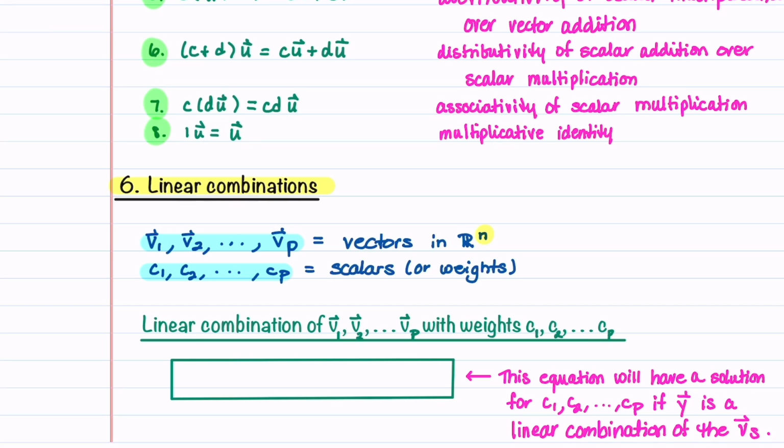The linear combination of v1 up through vp with weights c1 up through cp can be written as y is equal to c1 v1 plus c2 v2 all the way up through cp vp. This equation will have a solution for c1, c2, all the way up through cp if y is a linear combination of the v's.